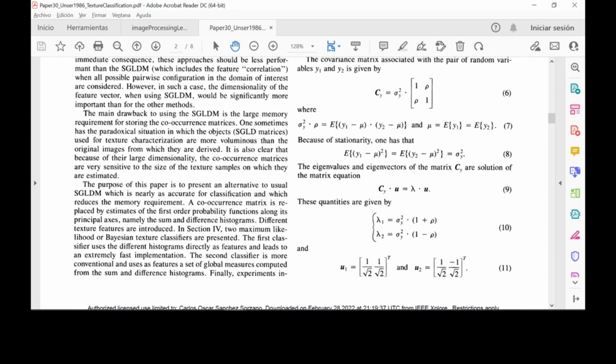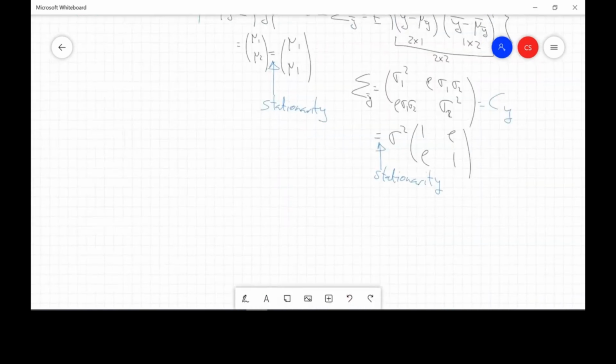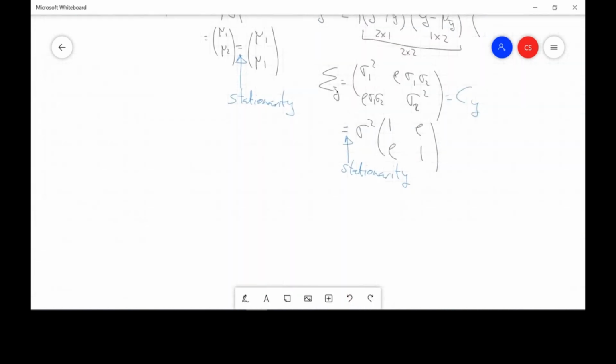Do you remember eigen decomposition? The eigen decomposition of a matrix. We will look at this correlation matrix, calling it CY.